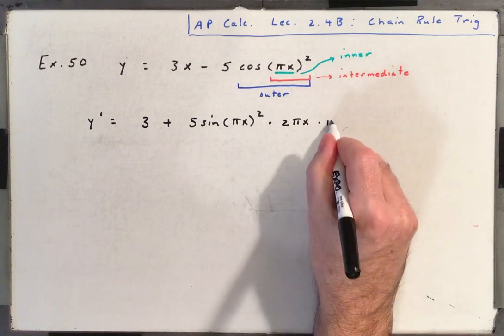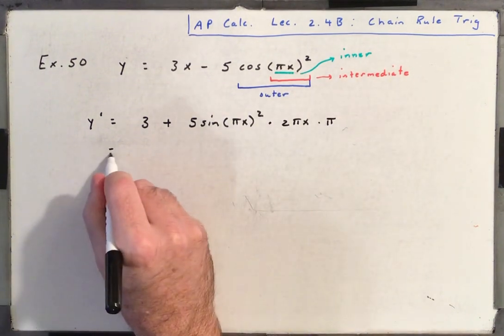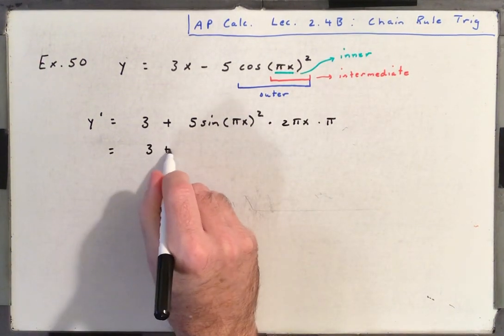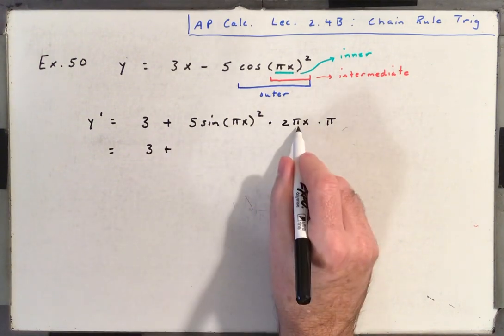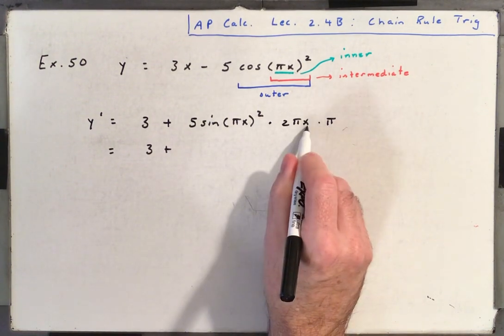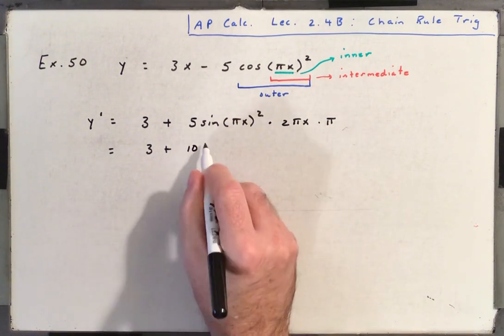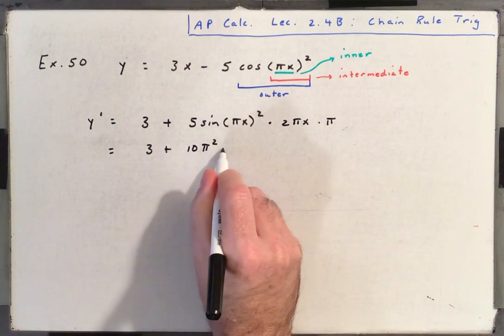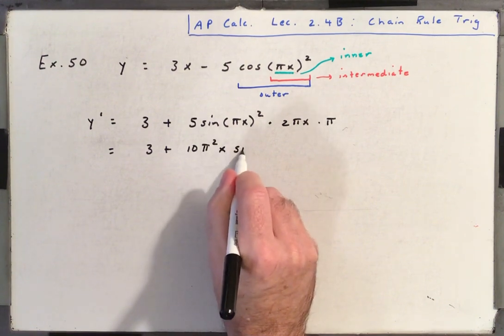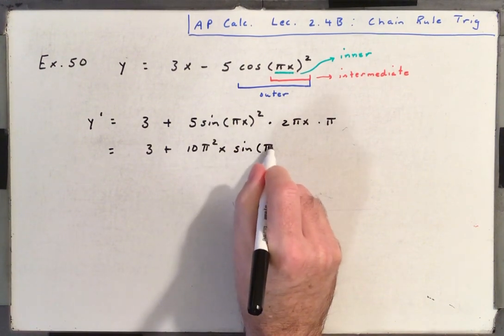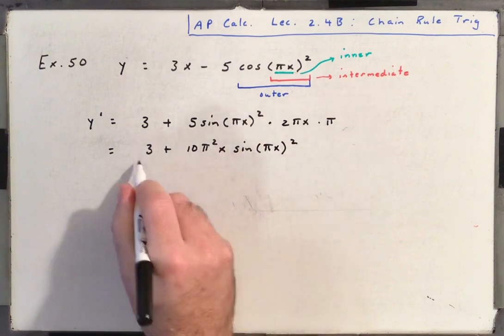So that would be pi. So cleaning that up, it's going to be 3 plus pi times x. 2 times 5 is 10, so 10 pi squared x sine pi x all squared.